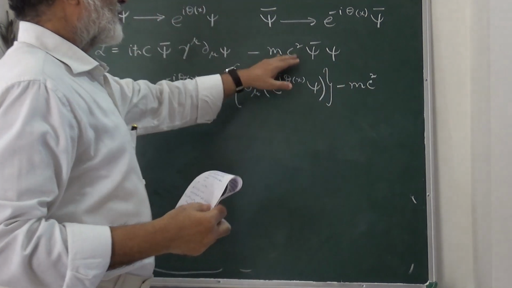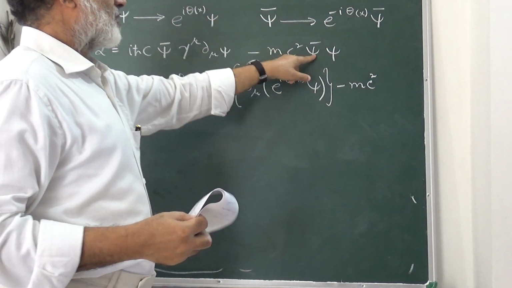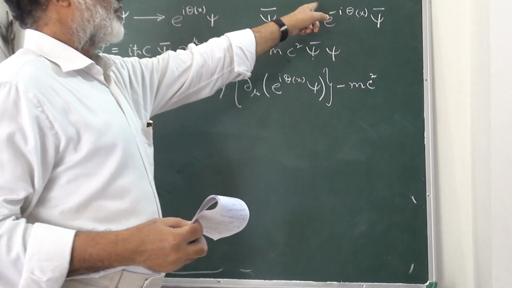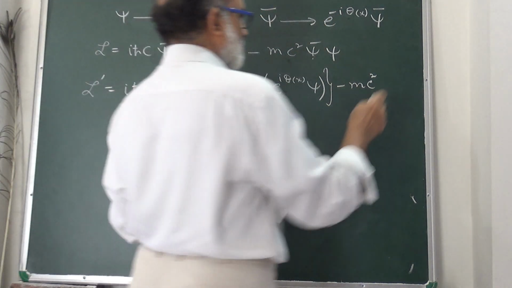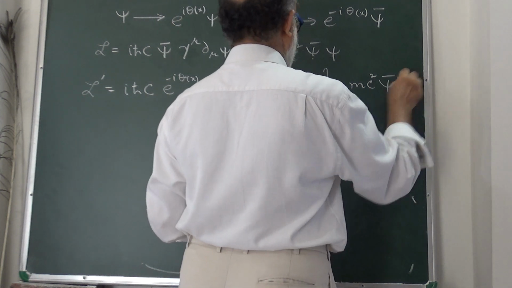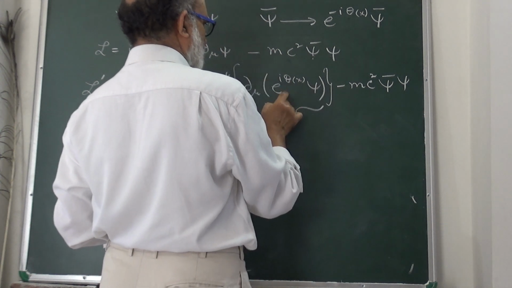This factor will remain same because this will cancel out here, i theta x minus i theta x. So this side will remain same. Now here, this value will change.